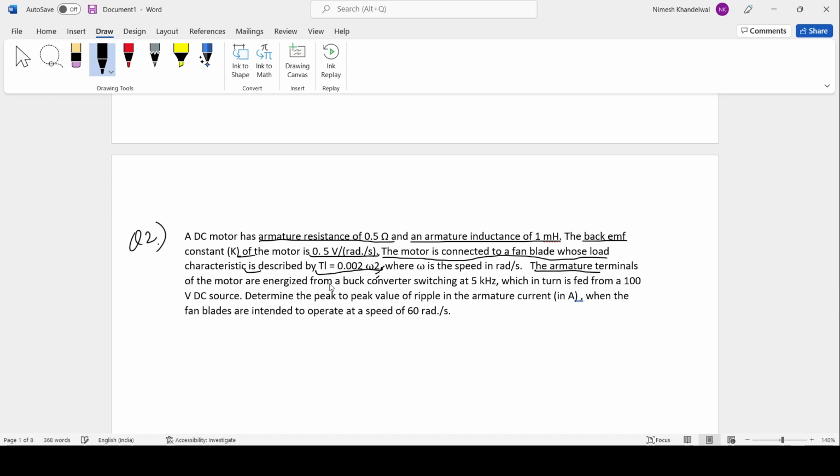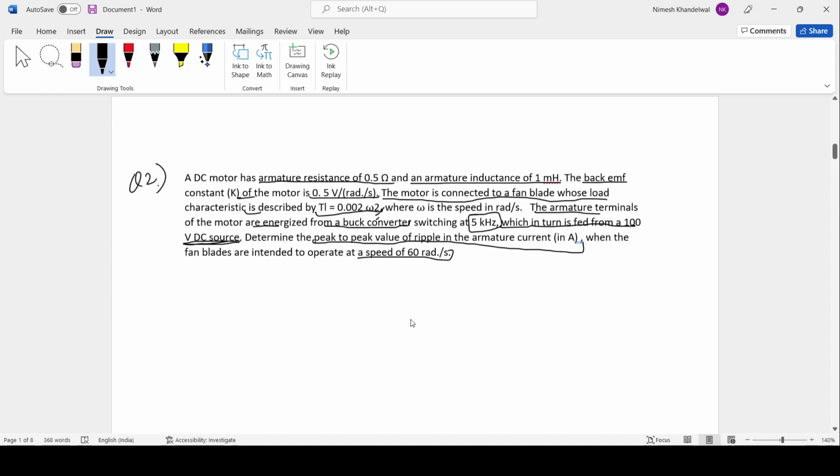The armature terminals of the motor are energized again similarly from a buck converter. The switching frequency of this buck converter has been given as 5 kilohertz, and this is fed from a 100-volt DC source. So our DC source voltage is 100 volts. Now we want to determine the peak to peak value of ripple in the armature current when the fan blades are operating at 60 radian per second.